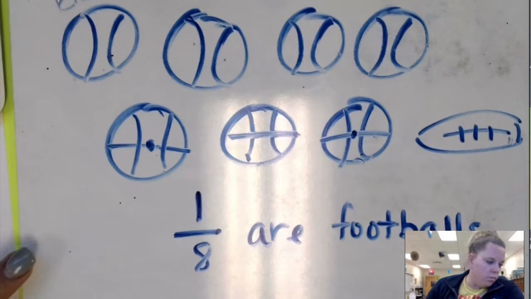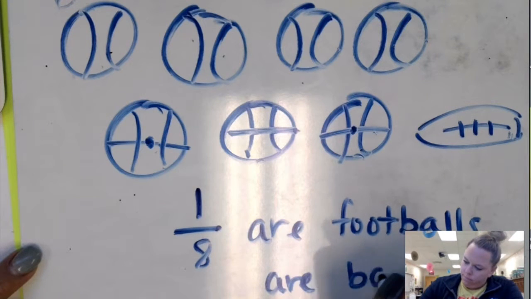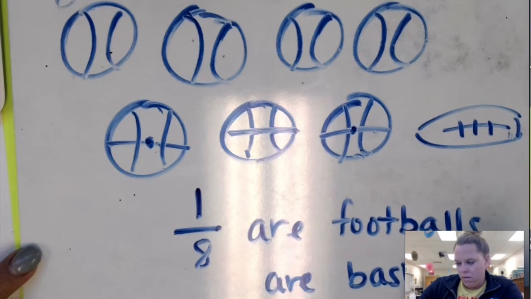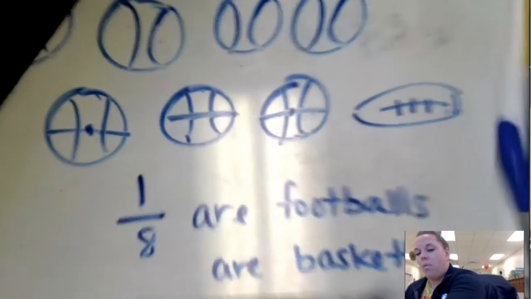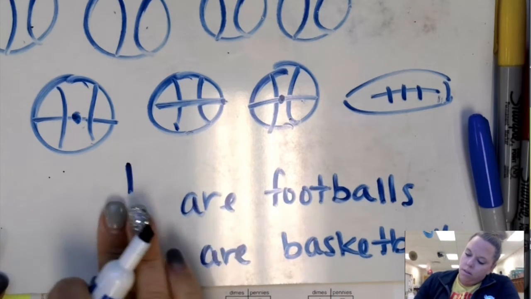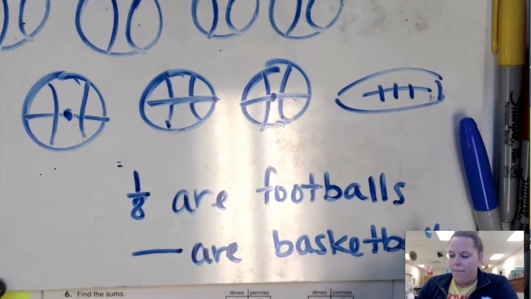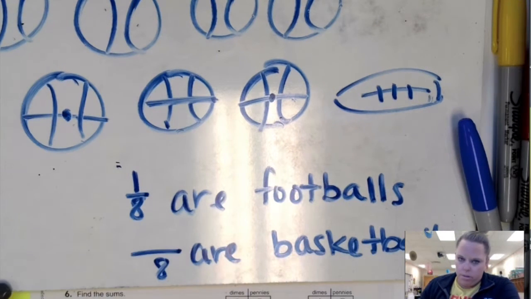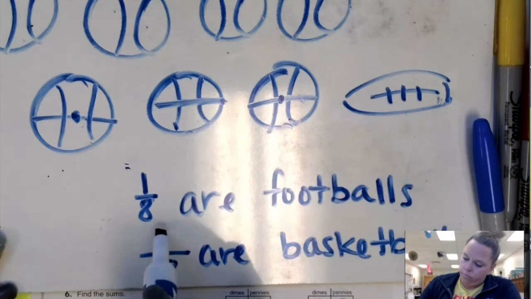What fractional part are basketballs? What fractional set are basketballs? Well, move this up a little bit. We still have 8 balls total. That number doesn't change. But how many of them are basketballs? 1, 2, 3.